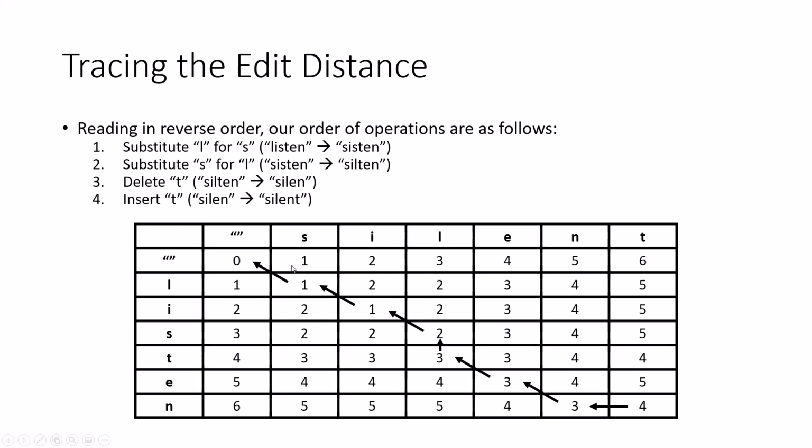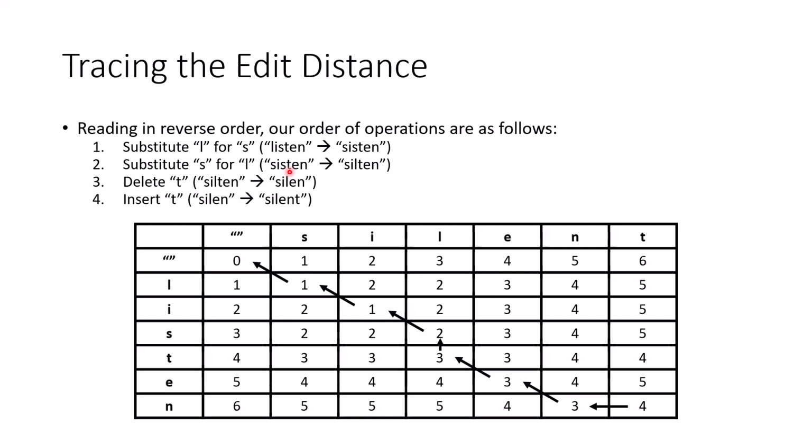The next operation was substituting S for L, so that's this arrow here, which corresponds to this S substituted for an L, so it becomes Silton.